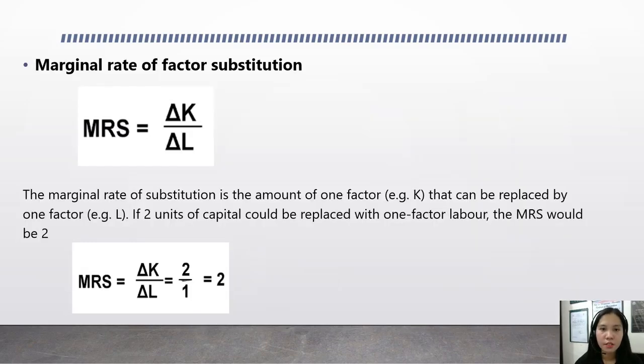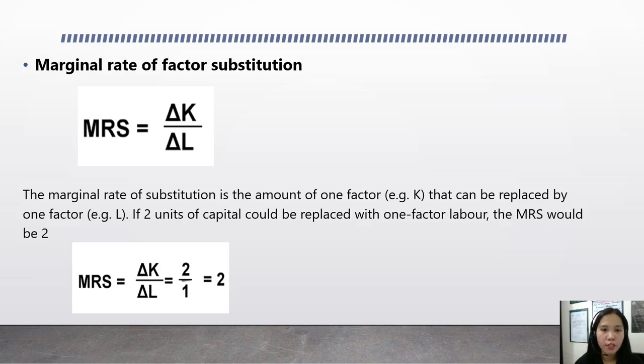So the marginal rate of substitution, or the MRS, is an economic theory that illustrates the rate at which one factor must decrease so that the same level of productivity can be maintained when another factor is increased. The formula of MRS equals K, or the capital, over L, the labor.